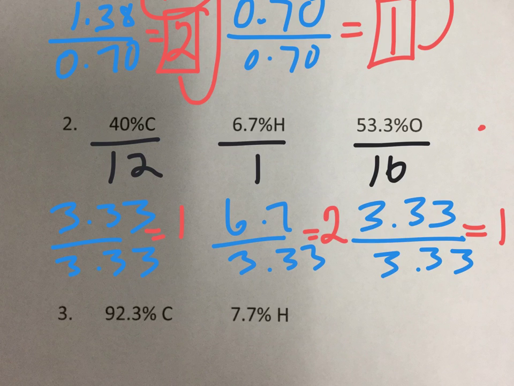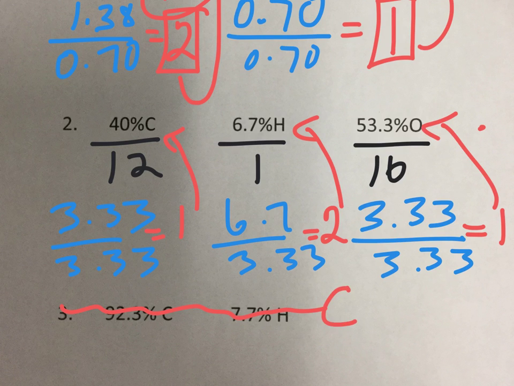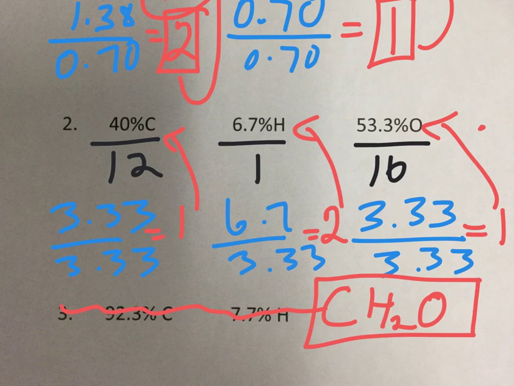This would round off to a 2. My chemical compound using these numbers is going to be CH2O. This is my empirical formula.